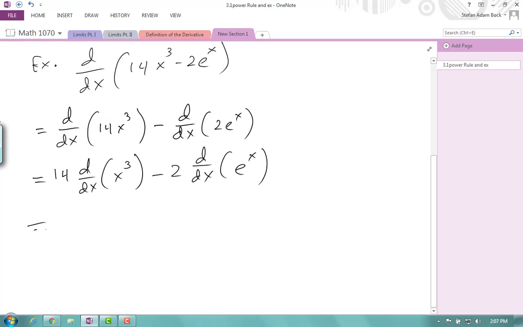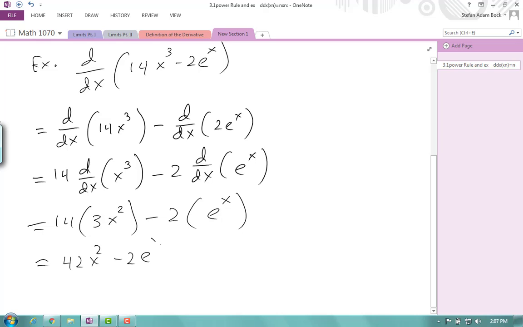And this first one, that should be 3 times x squared minus 2 times derivative of e to the x is e to the x. 42x squared minus 2e to the x.